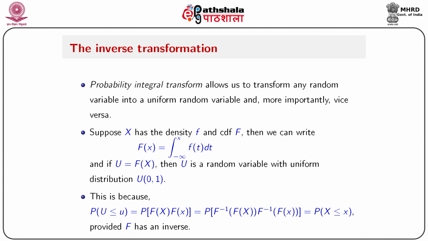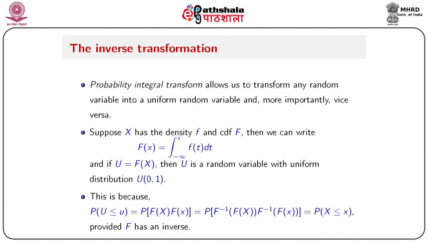Suppose X has density small f and CDF capital F, then we can write F(x) equals the integral from minus infinity to x of f(t) dt, and if U equals F(X), then U is a random variable with uniform distribution on (0, 1).